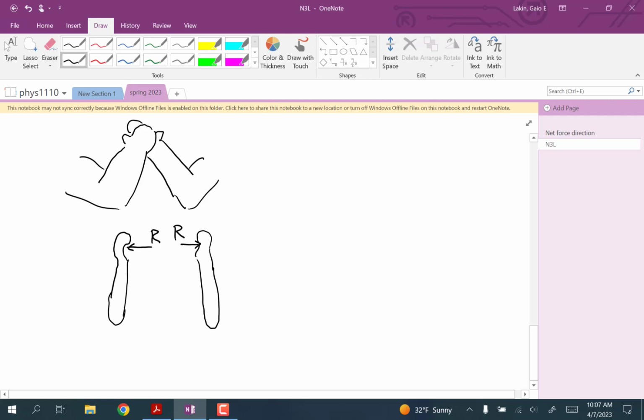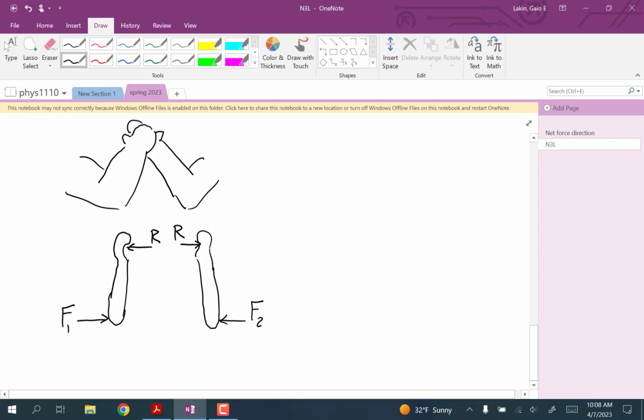Well, the answer is there are other forces acting on the forearm. And I'm going to sort of simplify it. It's a little more complicated than this. But basically, you have forces down here that have to counteract that reaction force. And these forces, F1 and F2, are coming from the muscles of the arm. And so as that contact force increases, as these two people are pushing harder on each other, it's always the same magnitude force on each arm.